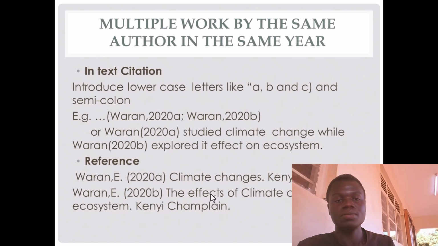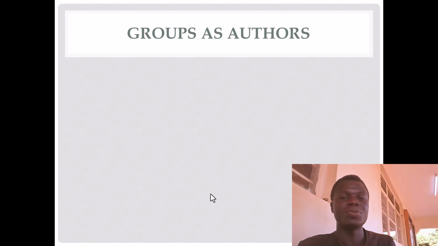Now this will take us to our next step, and that will be when you are citing groups as authors. For example, it can be organizations, or a certain group of people. Now, when you are citing them as authors, what do you need to do?